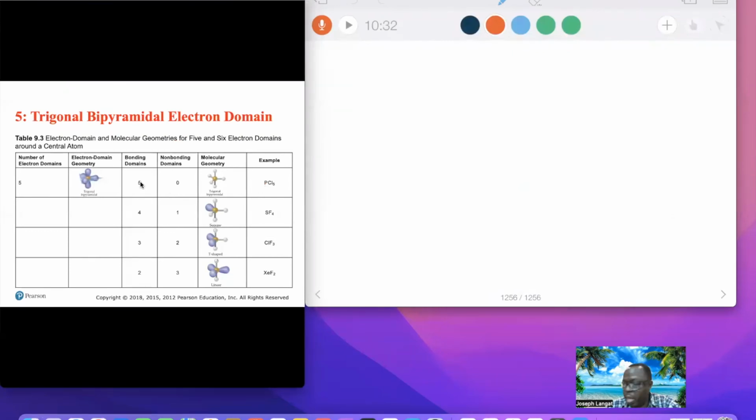If you draw the Lewis structure for PCl5, the general formula is AX5, which is 5 sides.